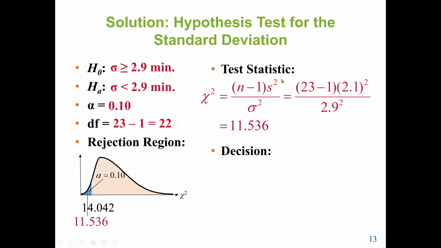The formula uses variance for both sample and population. When we do our calculation, we get 11.536. So 11.536 falls inside the blue area, so we reject H0.